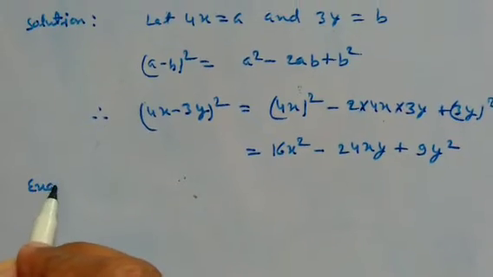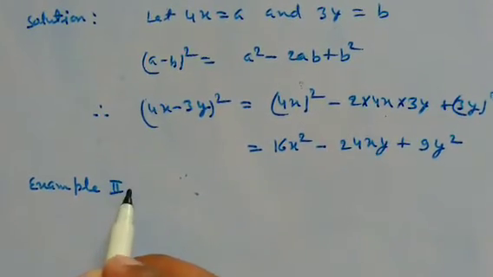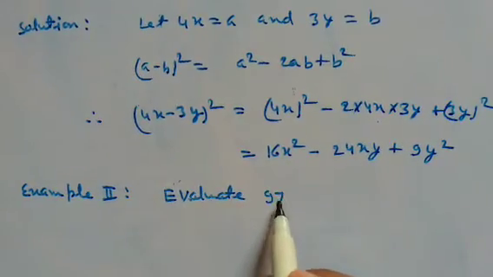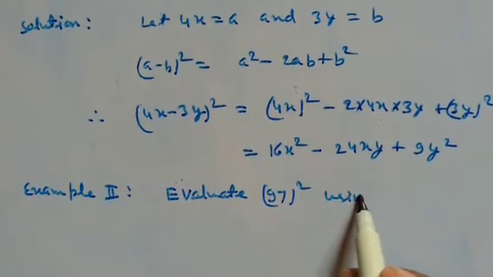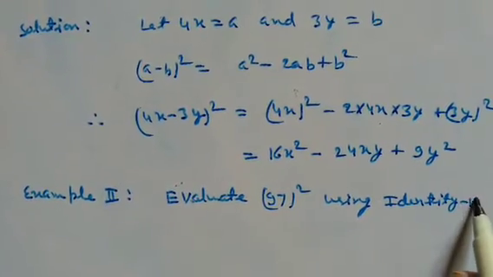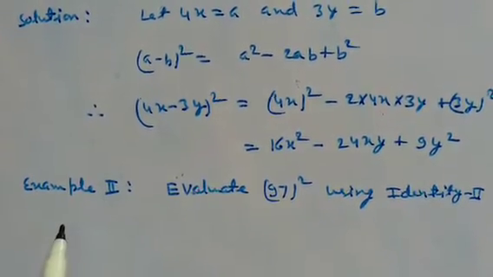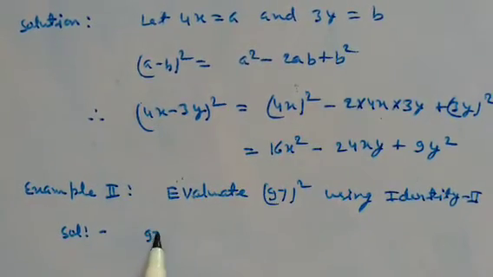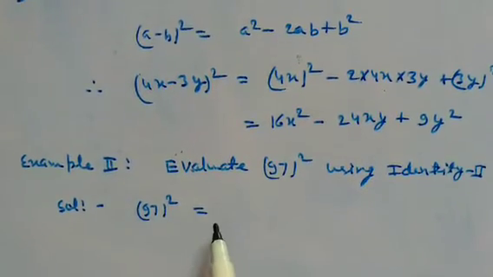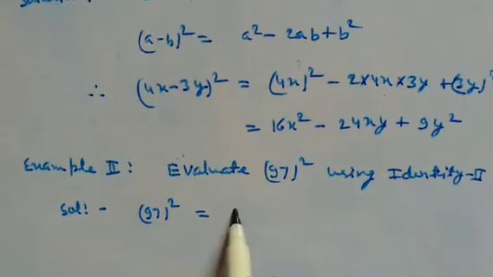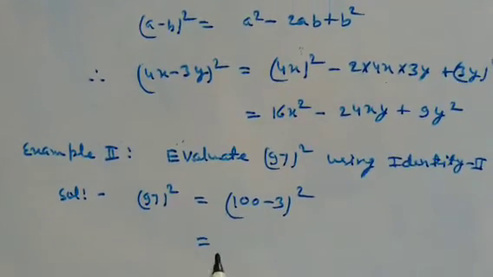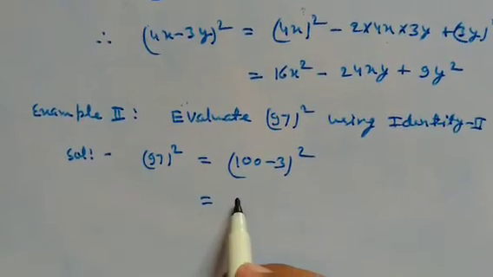Now example 2. Evaluate 97 square using identity 2. Solution. 97 square, we split 97 in two parts as (100 minus 3) whole square and apply identity 2.